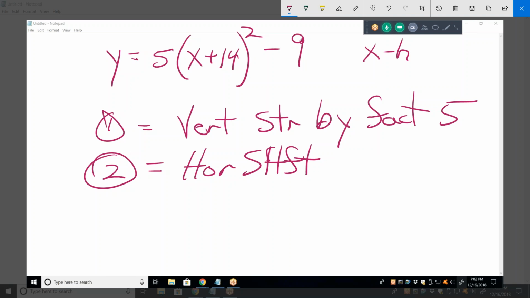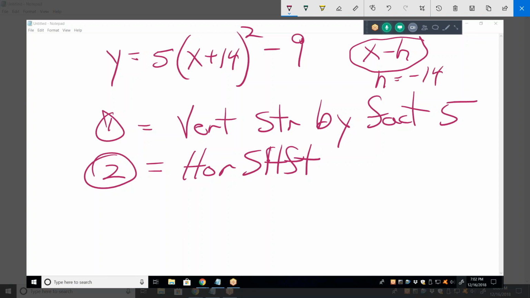In other words, there are a few ways to remember this. You can remember it as plus means left, negative means right. But that kind of goes against the standard of mathematics, because typically in math, to the right means plus, to the left means minus. And so when they set up the general formula here, they use x minus h, because in this case, that would make h equal to minus 14.